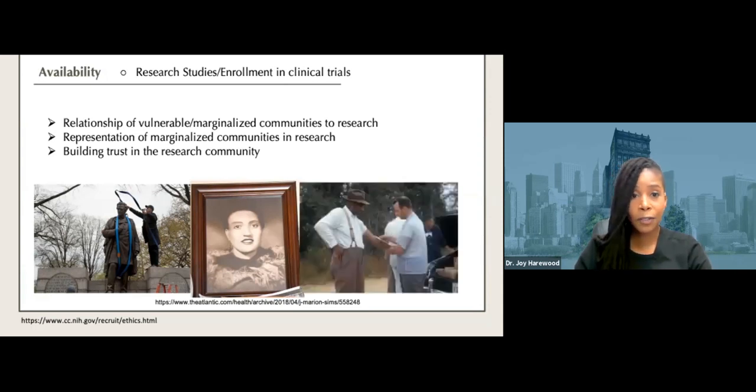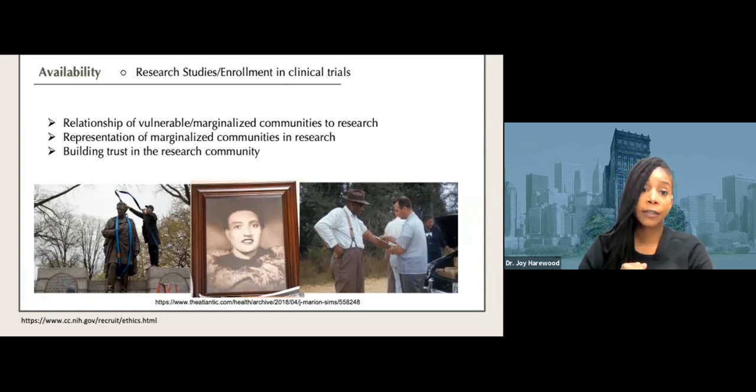By far and large, the most well-known reason why there may be some mistrust of the medical system by marginalized populations is the infamous Tuskegee syphilis study, which I think a lot of us know about, but maybe we don't know the specifics. So this was an observational study of about 400 poor and under-resourced Black men in the South who had late-stage syphilis.